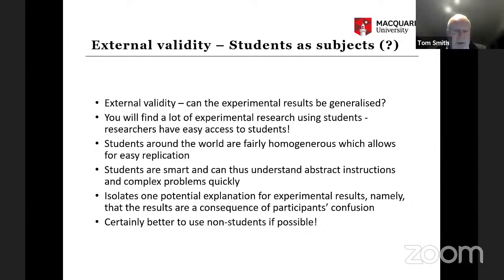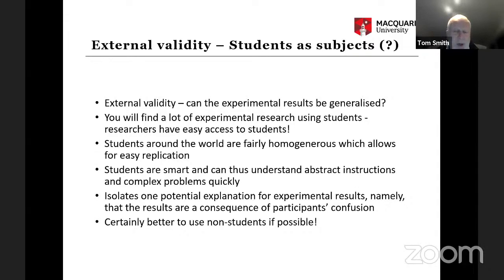But students around the world are fairly homogeneous, right? And that does allow for easy replication. You do the experiment in Australia, you do it in Vietnam. The students are, students are students. They're also very smart, and they can understand abstract instructions and complex problems quickly.